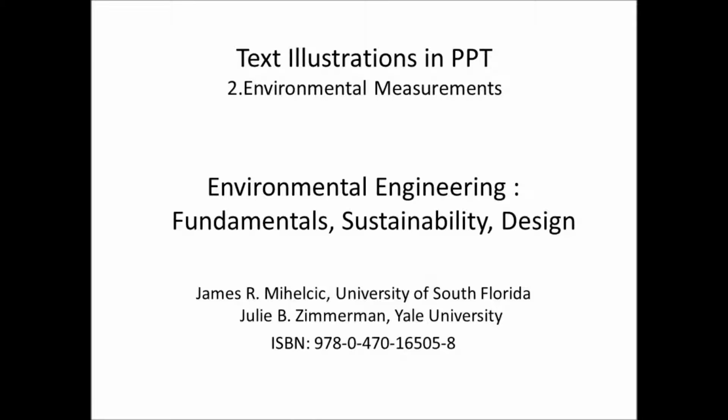2.1.1, Mass per mass units. Mass-to-mass concentrations are commonly expressed as parts per million, parts per billion, parts per trillion, and so on. For example, 1 milligram of solute placed in 1 kilogram of solvent equals 1 part per million.